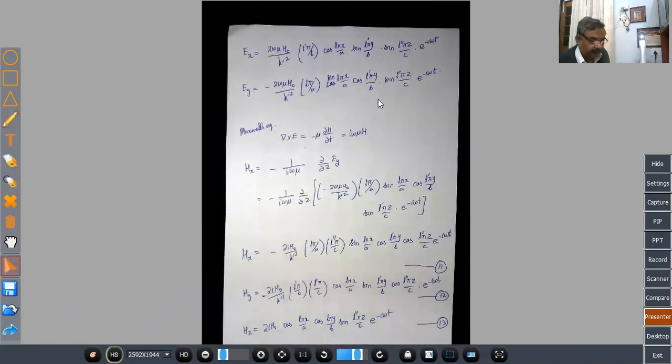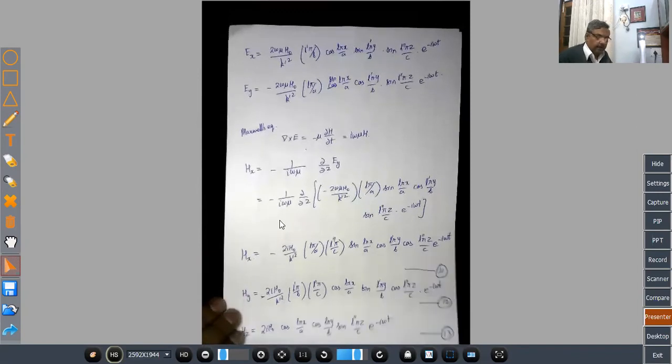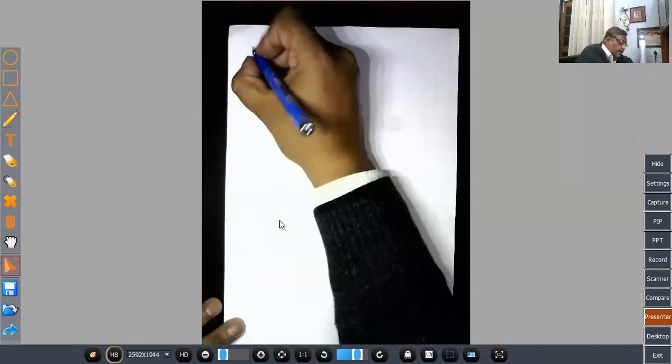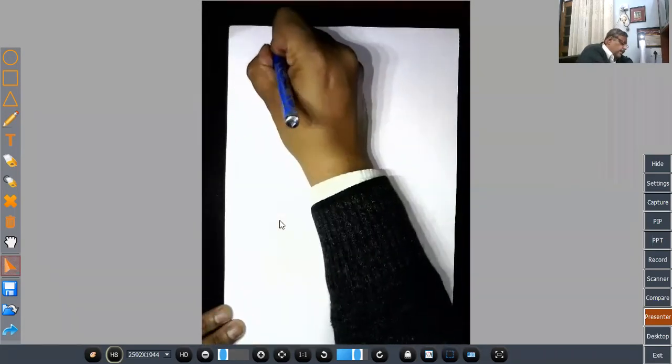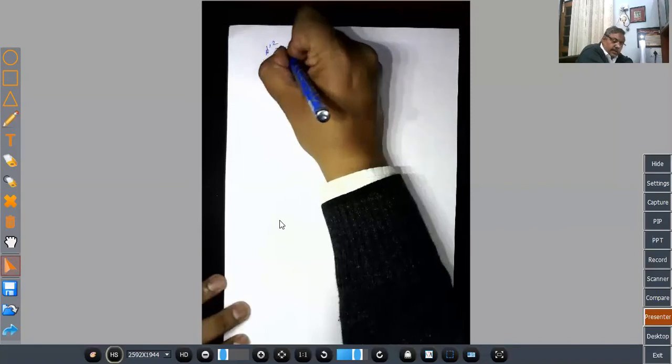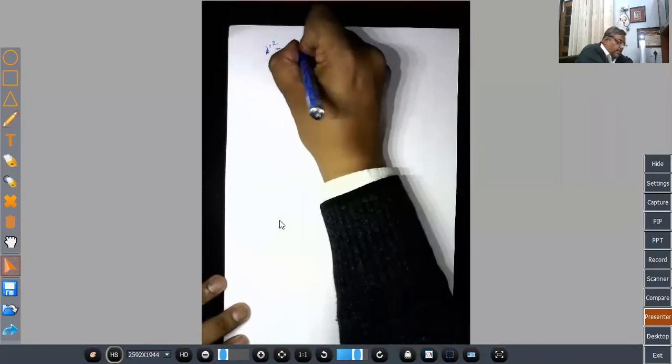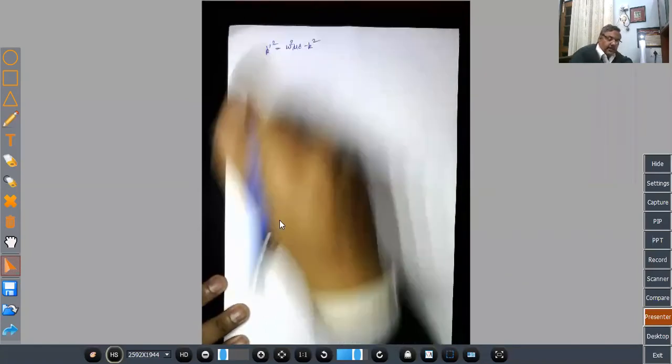These will be the three components of the magnetic field. Now, as we already know, the value of k dash square is omega square mu epsilon minus k square.